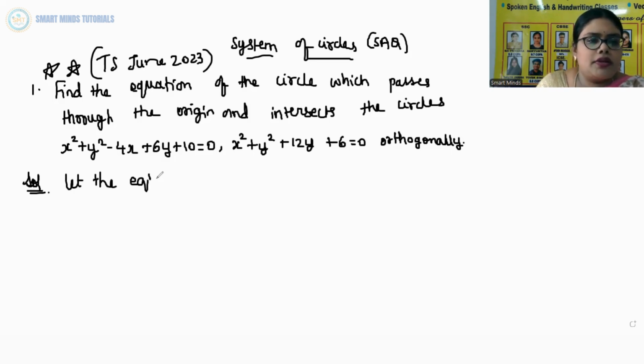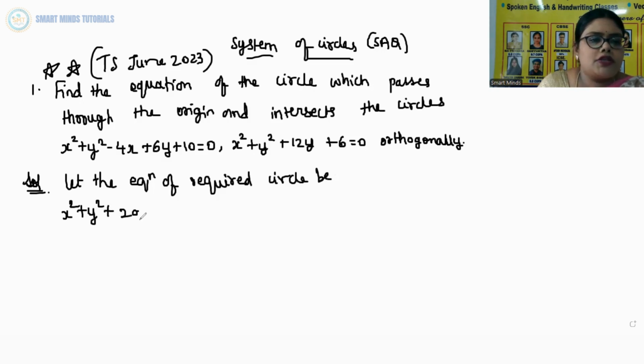So let the equation of the required circle be x square plus y square plus 2gx plus 2fy plus c is equal to 0. This is equation number 1.